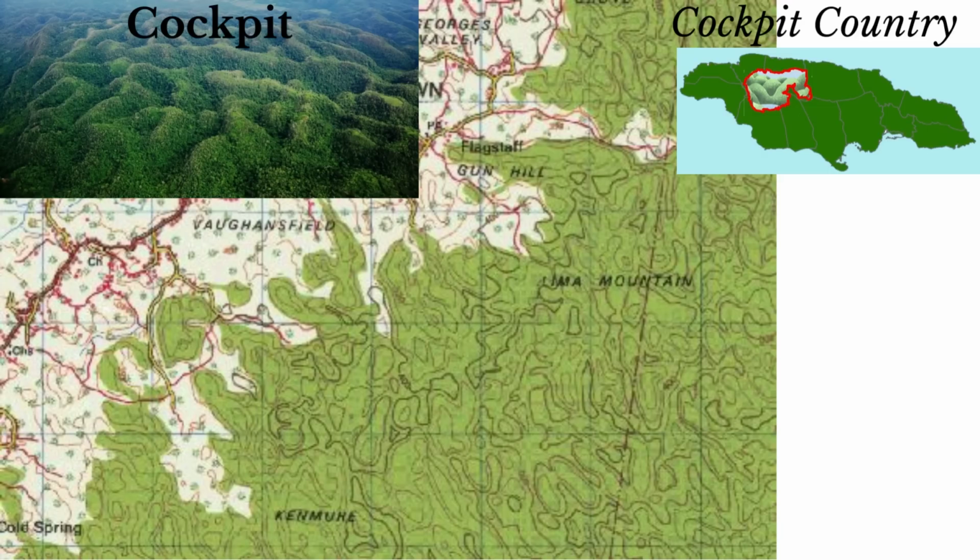And so, since we're seeing depressions among the hills, the limestone feature that we're looking at is Cockpit. All right. Cockpit is located within the Cockpit country of Jamaica. And this feature generally forms an egg tray pattern.